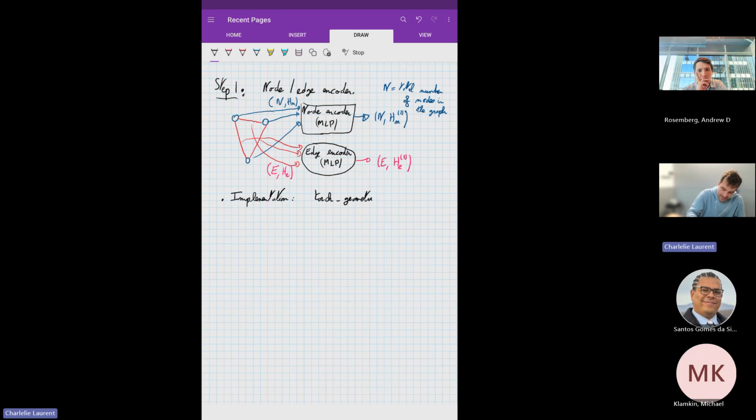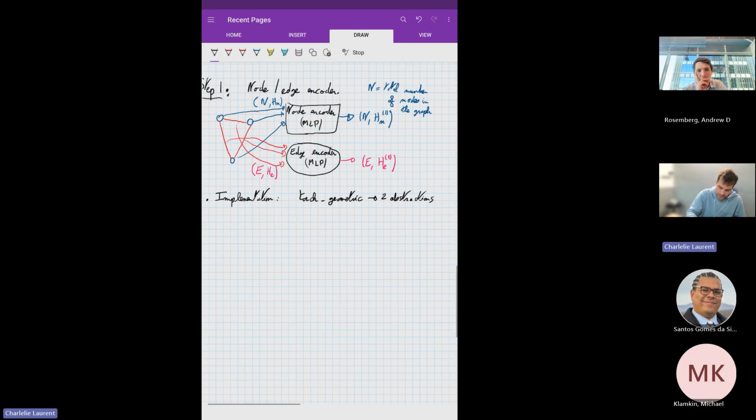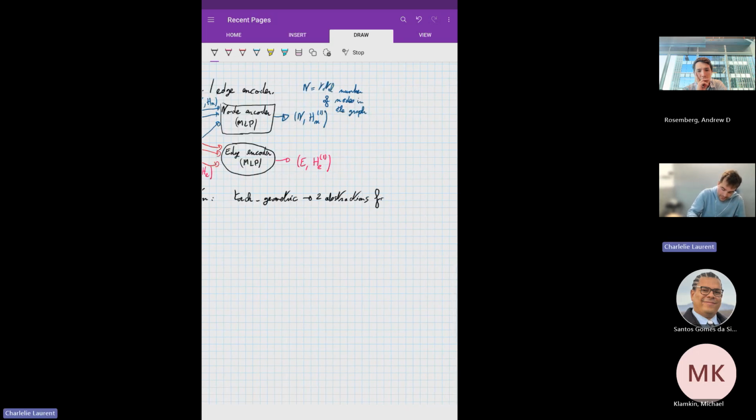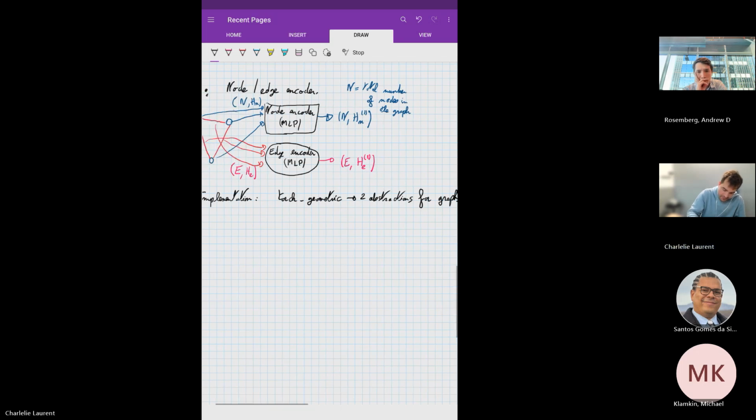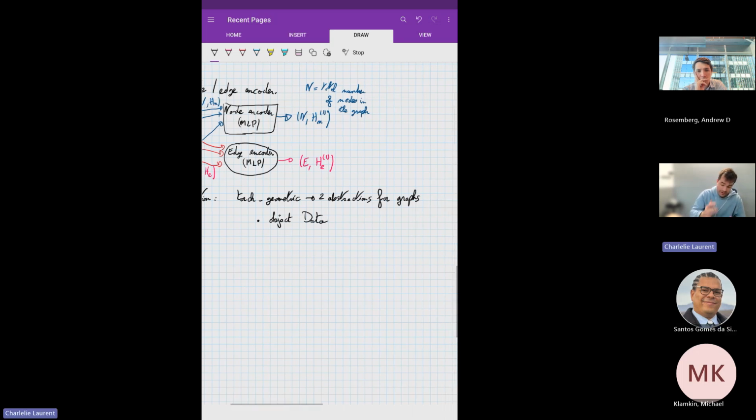It relies on two main data abstractions for graphs. The first abstraction is an object called Data from Torch Geometric, and this will represent a single graph.